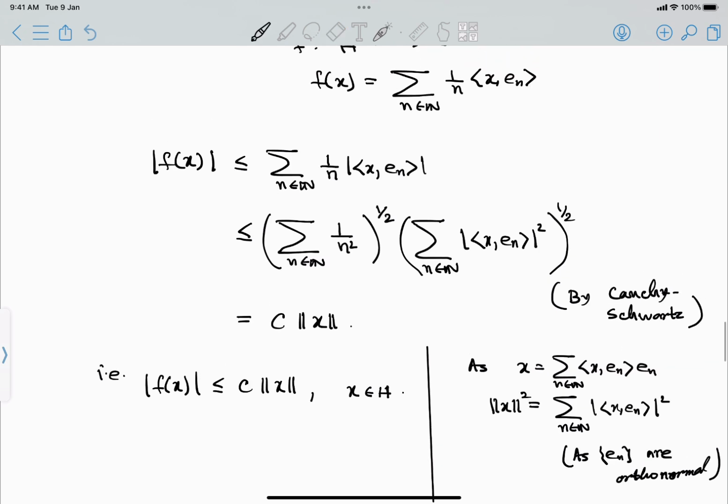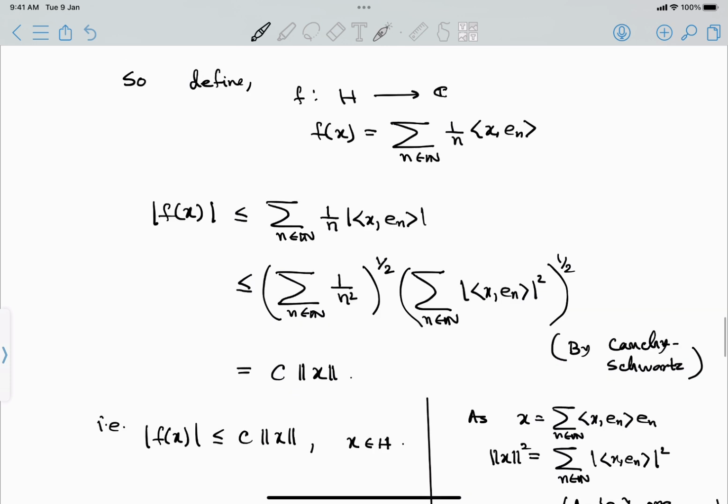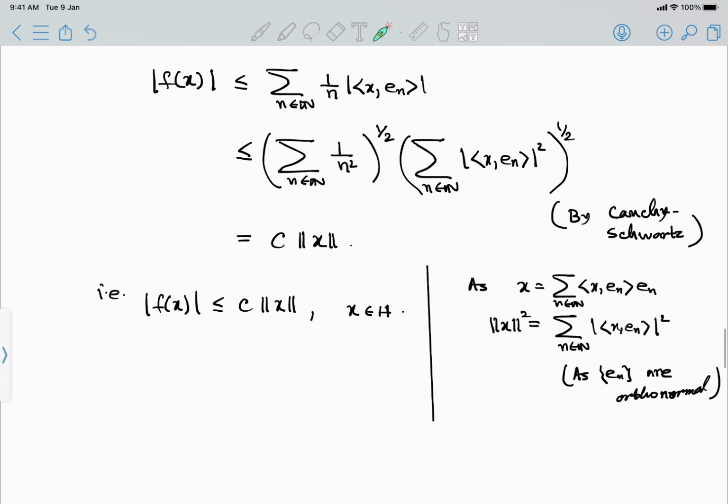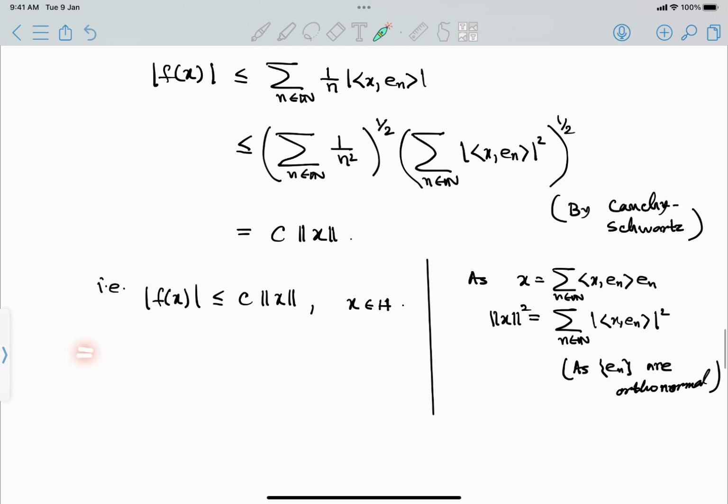So it is saying this is well defined, and it is the same as saying that f is a bounded linear functional.